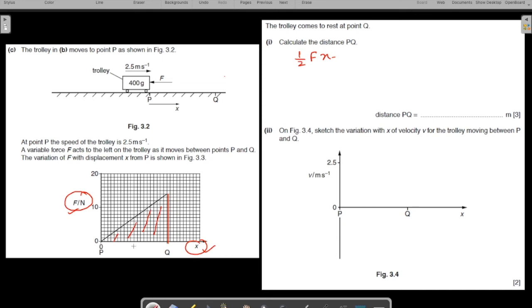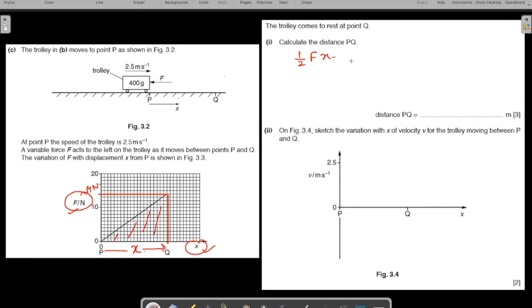Let us call the base X, and this is the distance X moved. So let us understand what the force is. Force looks like 1, 2, 3, 4, 14 newtons.